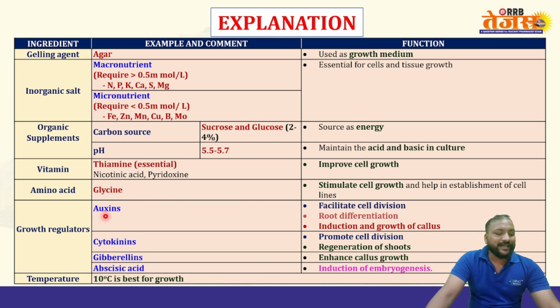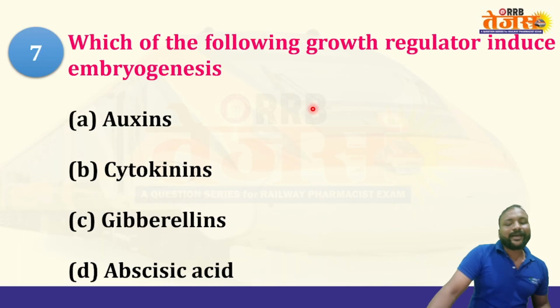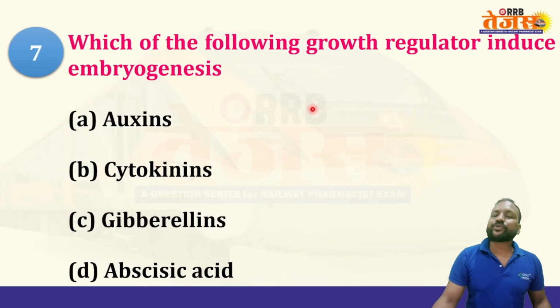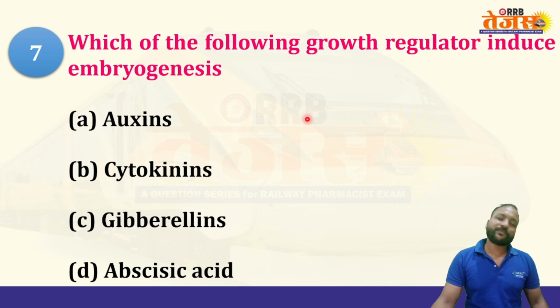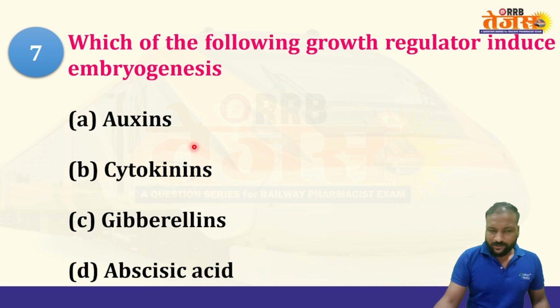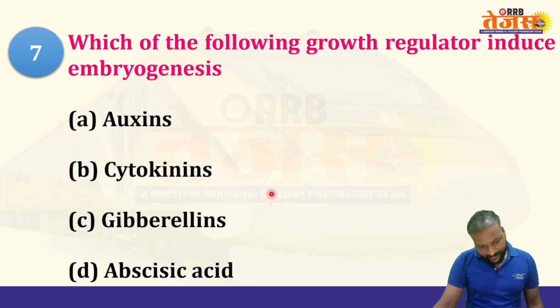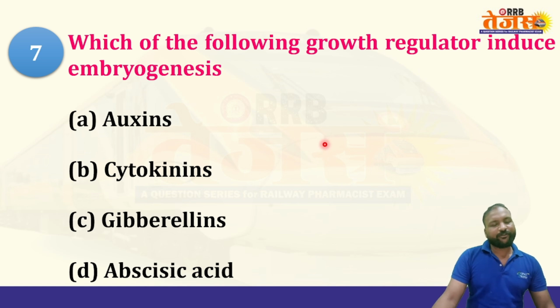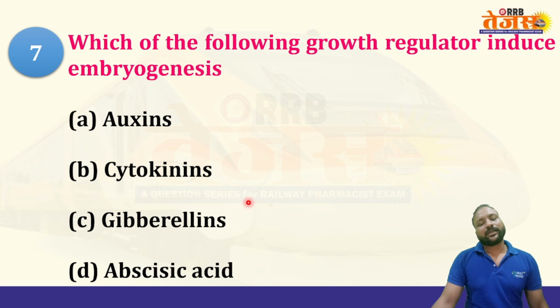So let us see the next question. Which of the following growth regulators induces embryogenesis? Just now we have come across these things, whether it is auxin or cytokinin or gibberellins or abscisic acid. These are all four different plant hormones. But which one of the following induces embryogenesis?